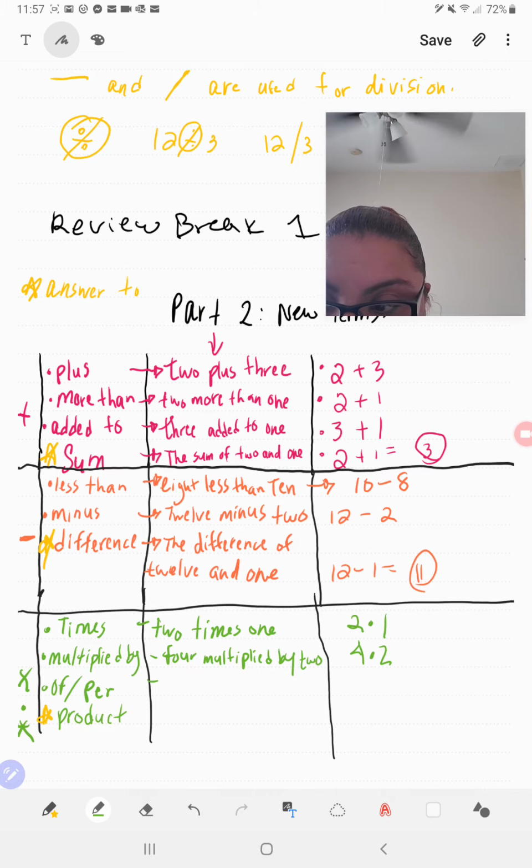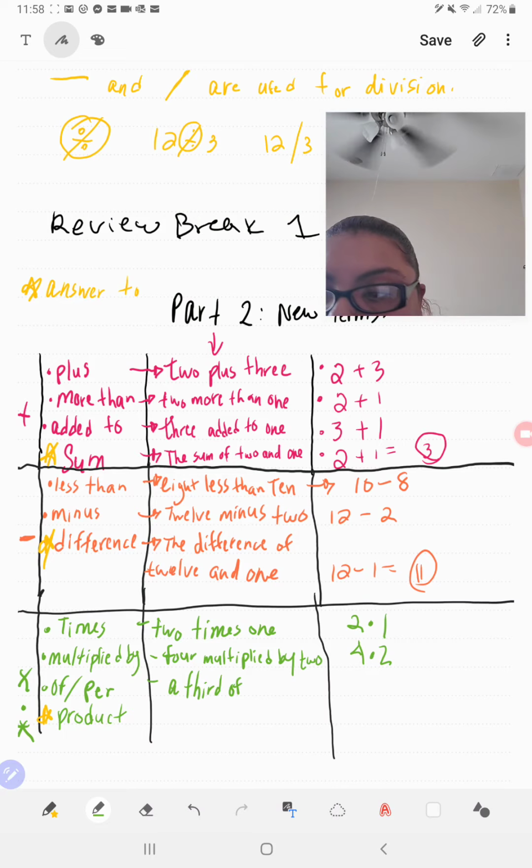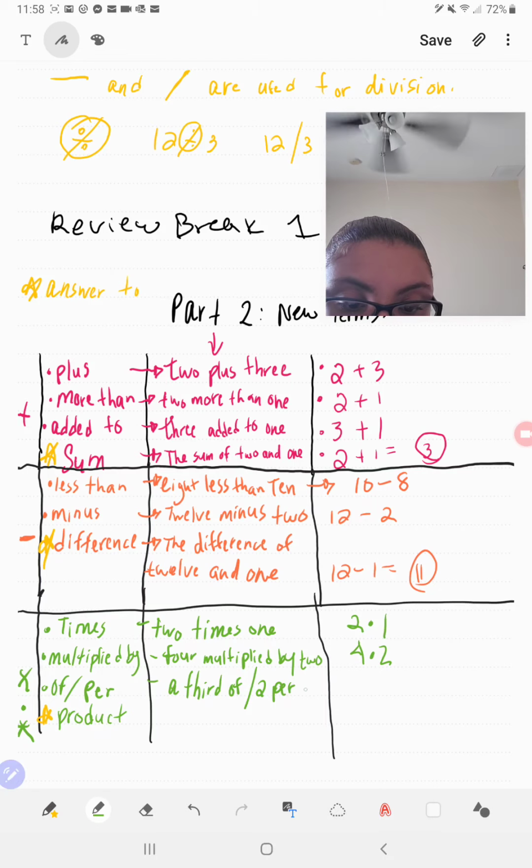And then we have a third of, slash 2 per. So if it says a third of, you're going to do 1/3 times whatever that number is.